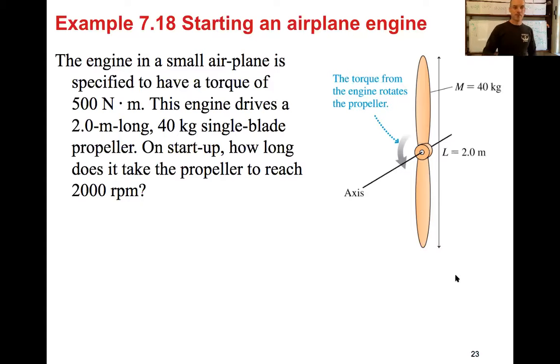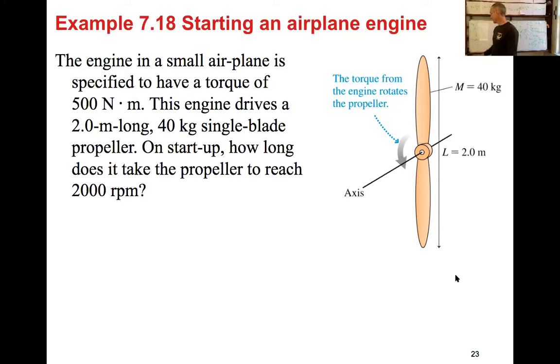All right. Oh, and we are going from 0. Oh, wait, we know a couple other things. We know the torque, so we don't have to calculate the torque, is 500 Newton meters. Newton meters. Did I miss a meter over here? Probably the distance.